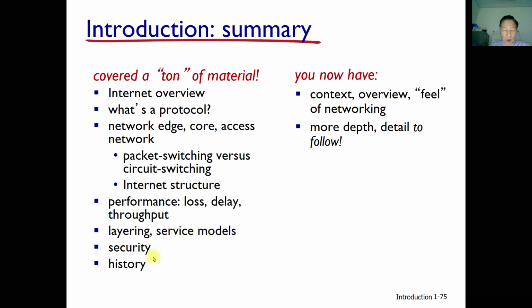We also learned briefly about security, and the history. We just got some feeling about networking, but we need more information. Thus we are studying from chapter 2, the application layer, in more detail.